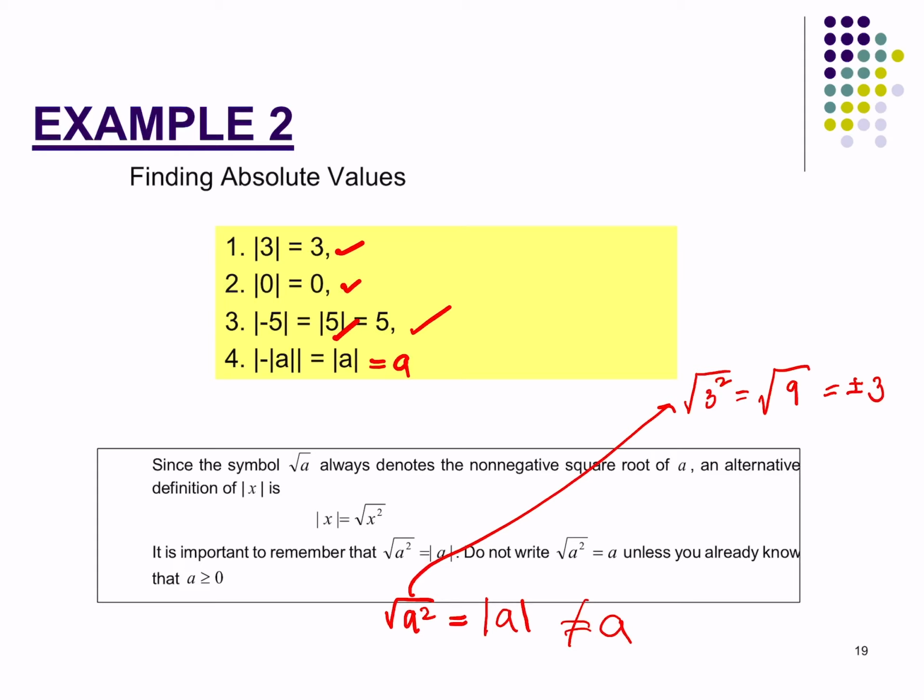So you have to specify that a is inside the absolute sign, or you can write it as the positive and negative value for that value of a, right?